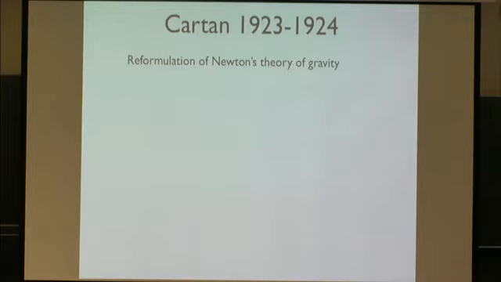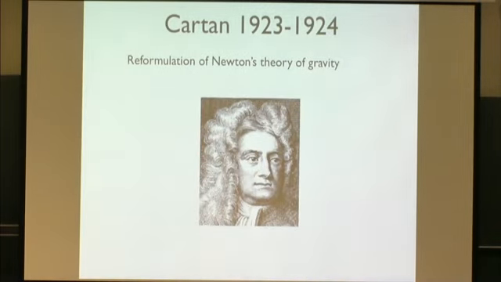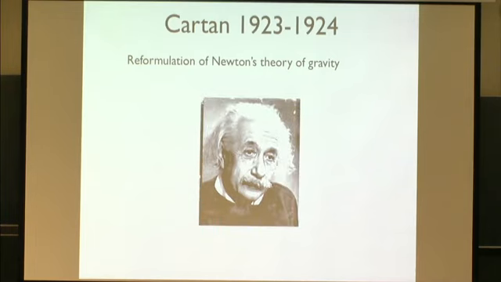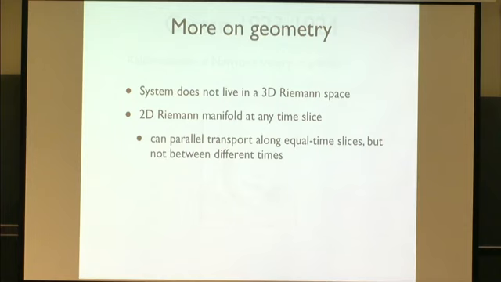Cartan, around 1933, wrote a couple of papers where he reformulated Newton's theory of gravity in a diffeomorphism invariant way. So he took Newton's gravity and rewrote it so that it looks like Einstein gravity. It's more complicated, but in form, it's very similar to Einstein gravity.